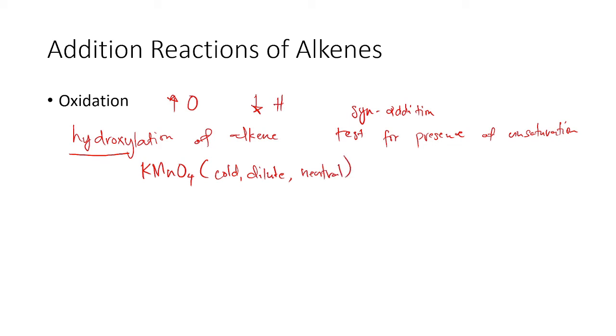As you can see here, due to its neutrality, we don't have a nucleophile or an electrophile. So what happens is, if we have here our double bond, in addition of our cold, dilute, and neutral KMnO4 or potassium permanganate, we will have here our OH and OH. Syn addition, meaning same side.